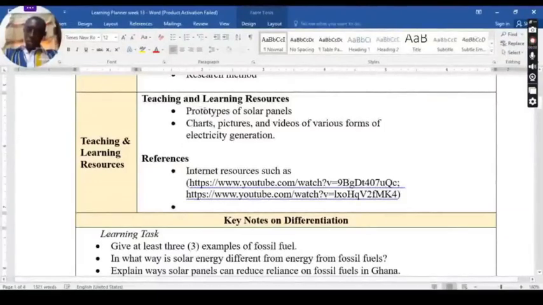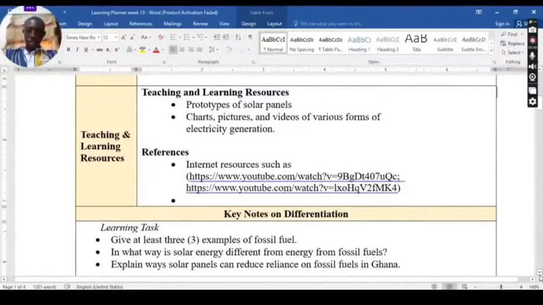For example, here we have prototypes of solar panels. So I'm going to bring this prototype of solar panels, the one they sell on the streets, and then show them charts, pictures, and videos of various forms of electricity generation. So these are physical materials you are going to use to help in successful delivery of your lesson.